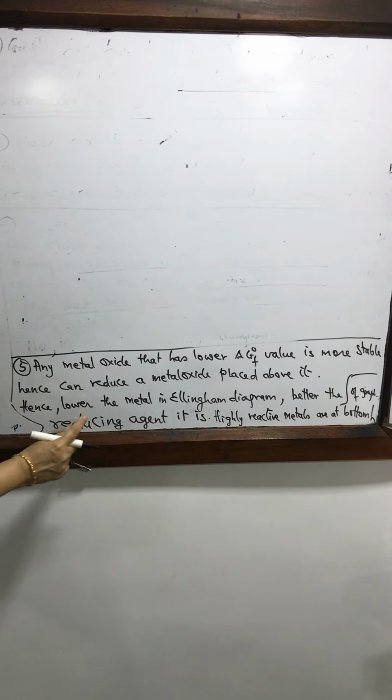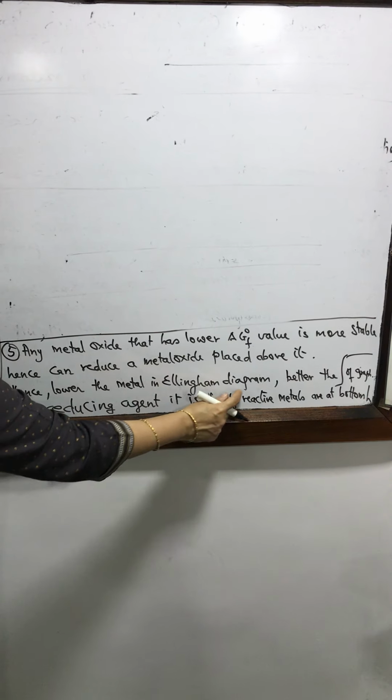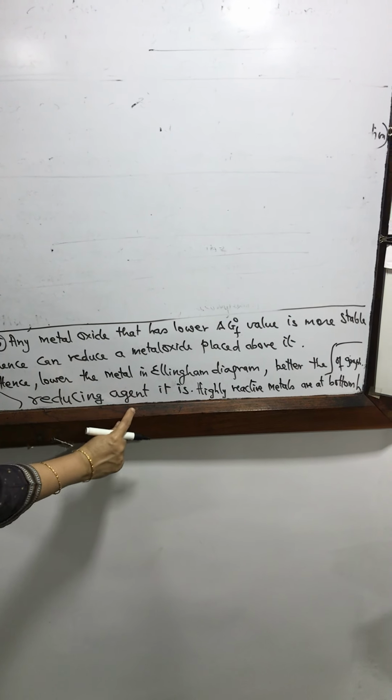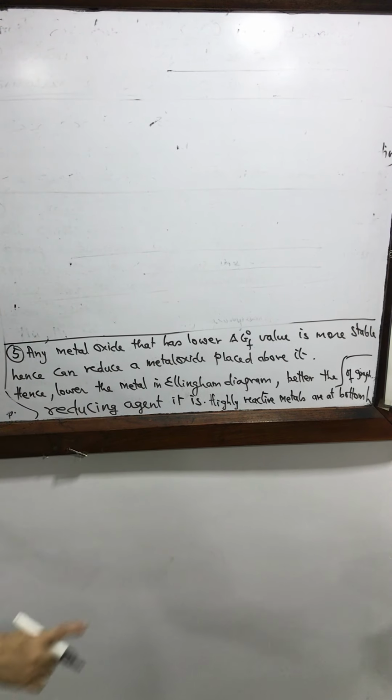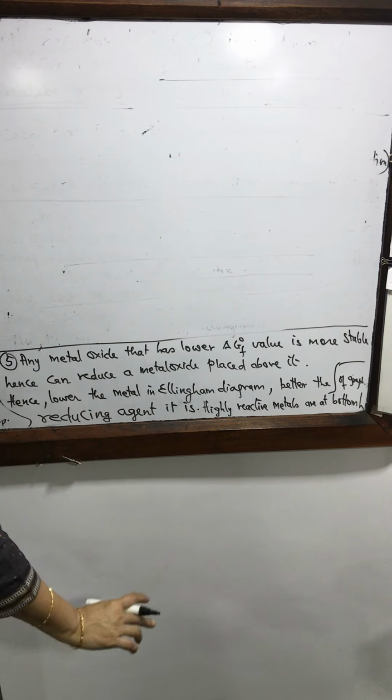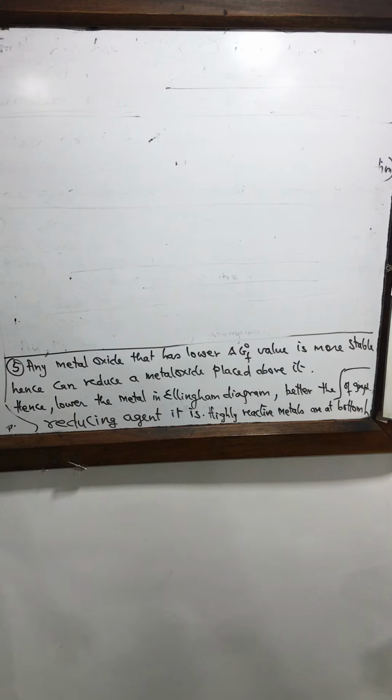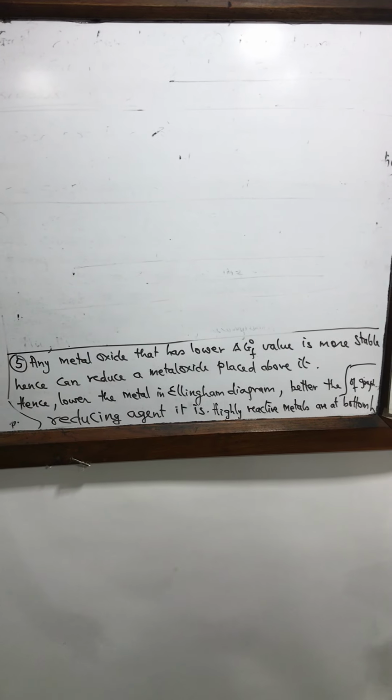That means the lower the metal in the Ellingham diagram, the better the reducing agent. Highly reactive metals are placed at the bottom of the graph, and highly reactive metals are good reducing agents.